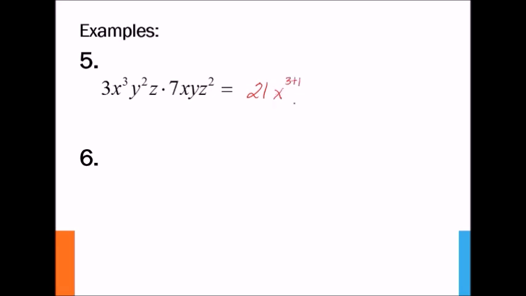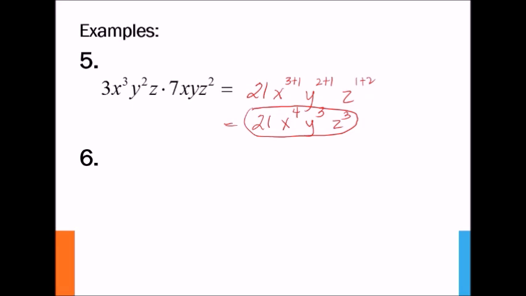Then y squared times y, which has an exponent of 1. Then z times z squared, so 1 plus 2. Simplifying our answer, we will have 21 x to the 4th, y cubed, z cubed. So, this is our final answer.